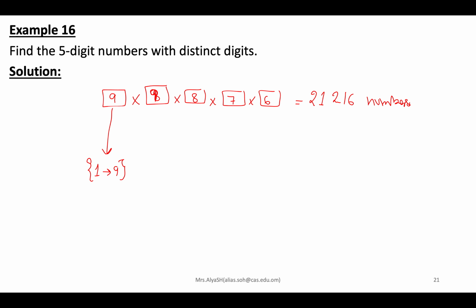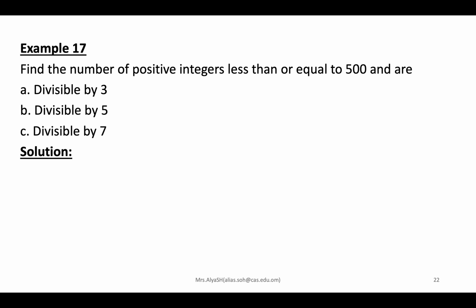All right, so let's check this example. We need to find the number of possible integers that are less than or equal to 500, and they are A, B, C, D, E, F, G. We got those questions. So here we got 500 numbers.